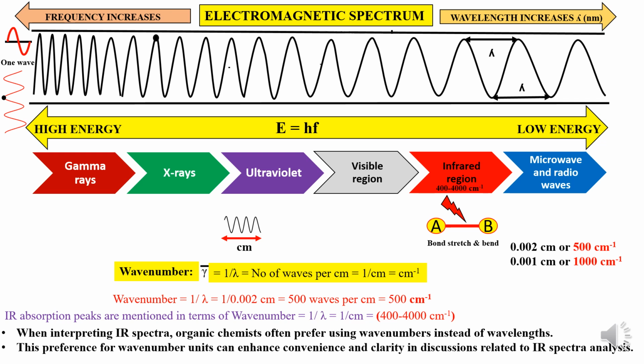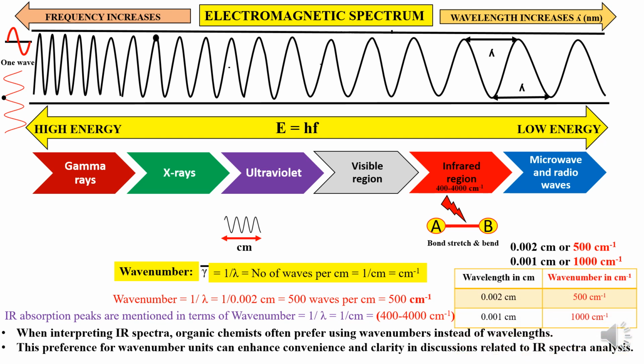So when the organic chemist is trying to interpret a particular spectra, these values in centimeter inverse help him to carry out the interpretation easily. So it's always better to use the wave number units. And that is why IR absorption peaks are mentioned in terms of wave numbers and not in wavelengths.